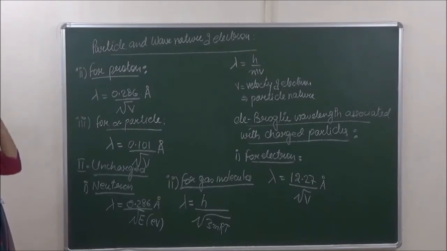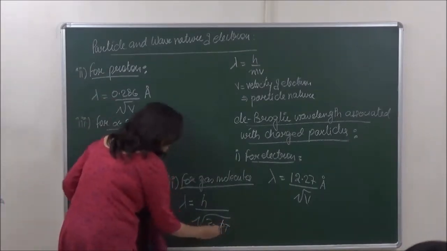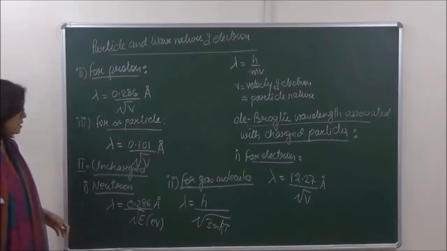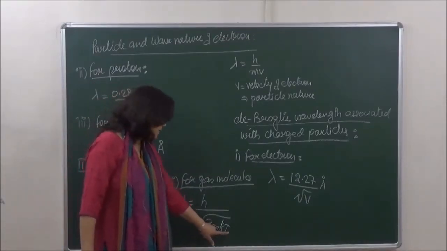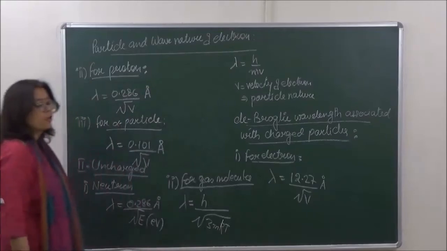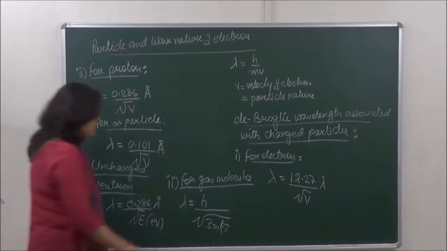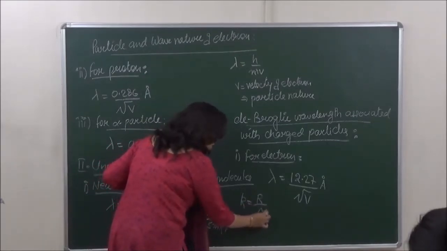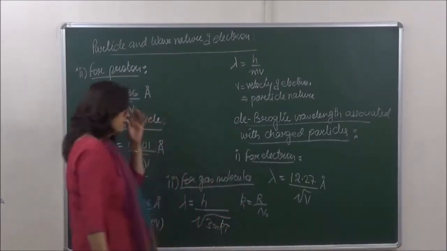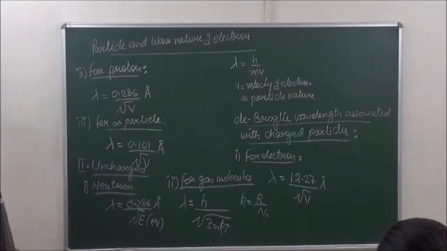Right? K, not R, it is k. Where m is the mass of the molecule, T is the temperature, and k is the Boltzmann constant. What is the expression for Boltzmann constant? That is equal to R upon N naught, where R is the gas constant and N naught is the Avogadro's number.